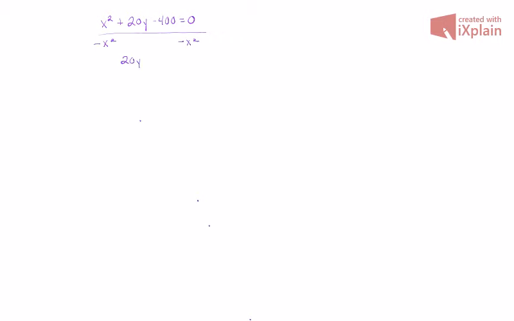I want to get it so that y is alone. So really the way that this problem should be read is you can either write it as negative 1/20 times x squared plus 20, or you can write it as y is equal to negative x squared over 20 plus 20.